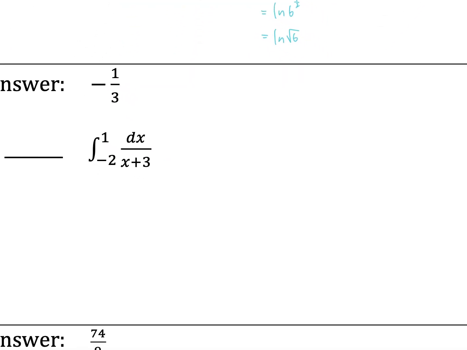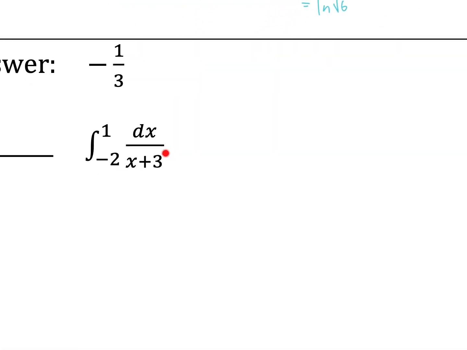Okay, next one. Same thing, fraction. The derivative of the bottom is actually the top exactly. This one's going to be easy. Okay, get our new limits. Plug in 1 here, you get 4.